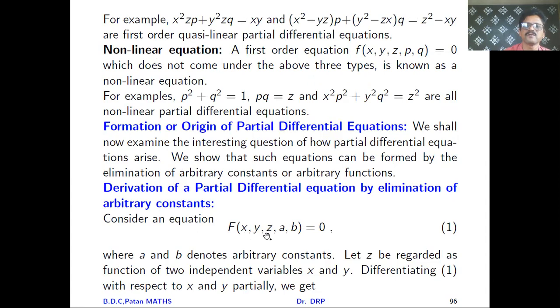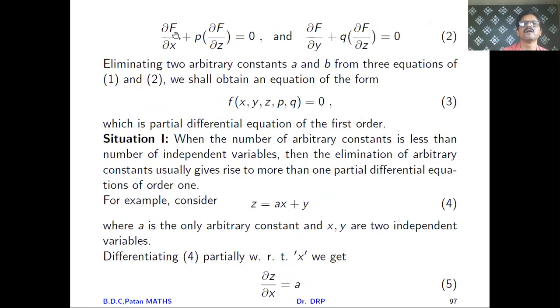Its derivative partially with respect to x gives ∂F/∂x plus ∂F/∂z into the derivative of z with respect to x, that is ∂z/∂x, which is p, and this is equal to 0. That is, ∂F/∂x plus ∂F/∂z into p equals 0.